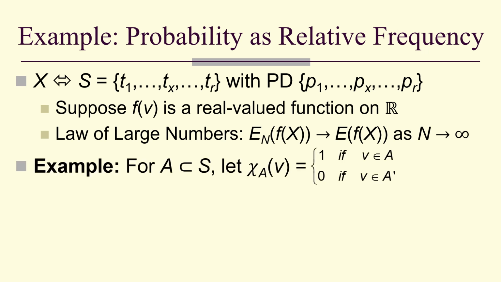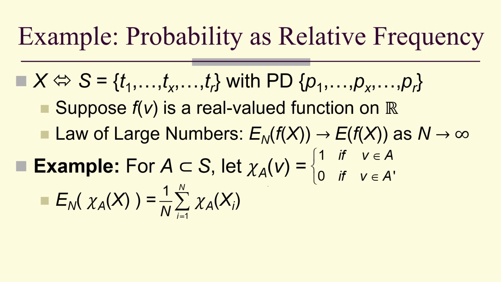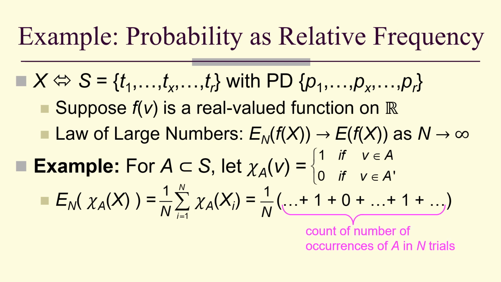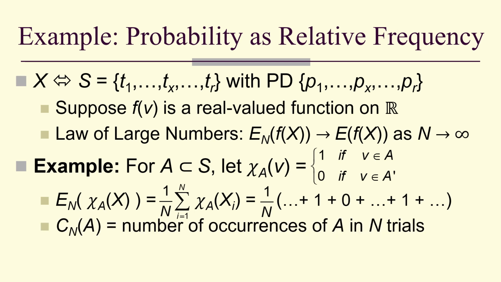And if we define a characteristic function of a set A to be 1 if the argument is in A and 0 if it's not in A, then the sample mean of that characteristic function of x is 1 over n, the sum i equals 1 to n of the characteristic function of x sub i. But the characteristic function of x sub i is either 1 or 0. And that means that this sum is actually a count of the number of times that A occurs in n trials. So we define this to be C sub n of A, the number of occurrences of A in n trials.